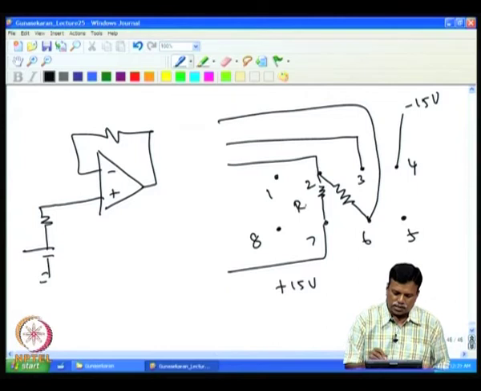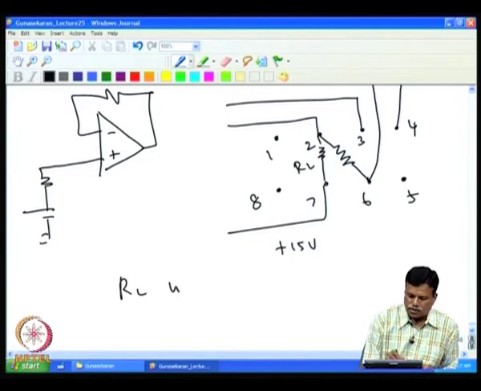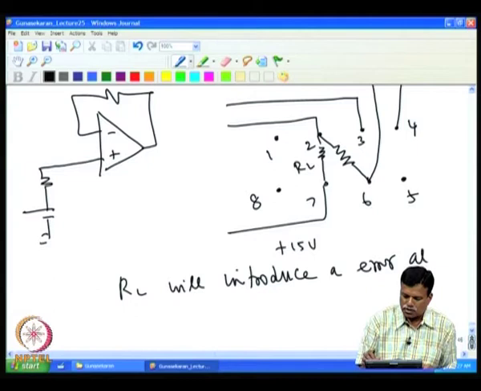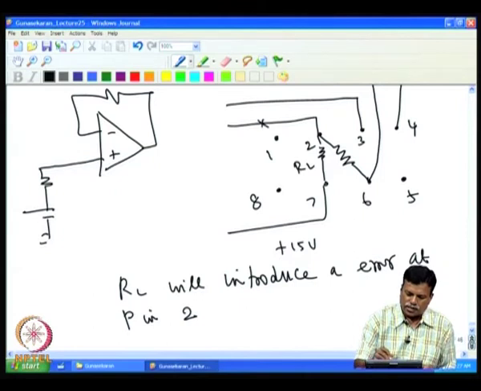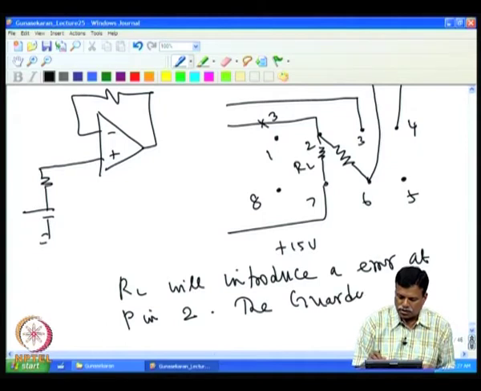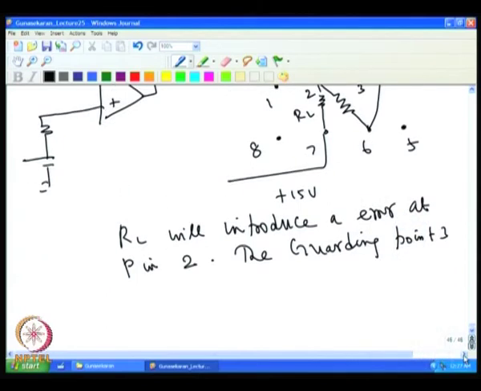So, this is the leakage resistance RL. The RL will introduce error at pin number 2, and the guarding point 3 is of no use.